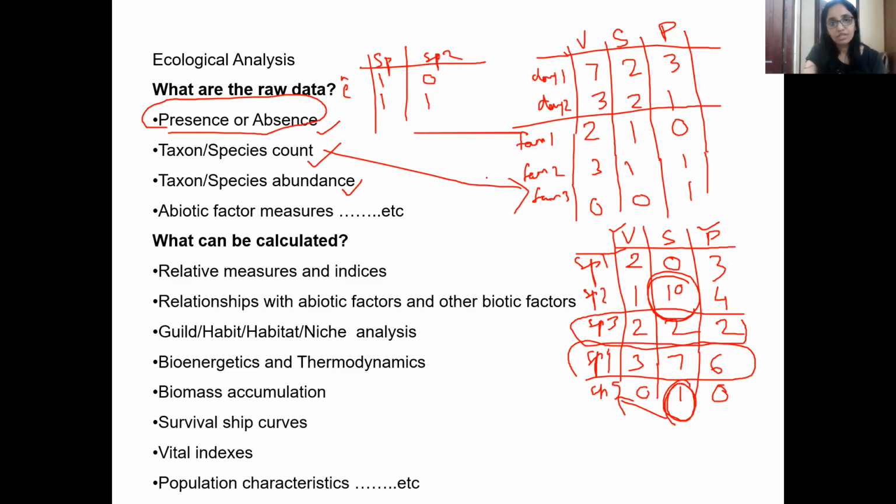Along with this, we may also have to measure various abiotic factors like sunlight, canopy cover, and different types of temperatures like relative humidity, air temperature, soil temperature, water temperature, etc. Depending on what type of species or ecosystem you are looking at, this becomes very important.